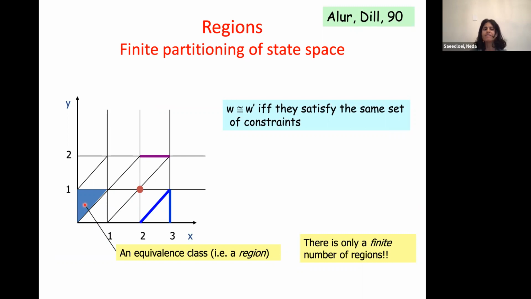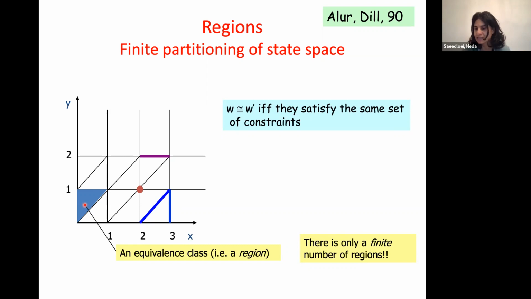And moreover, the value of clock x is always less than y, which means that the ordering of the fractional parts between x and y is such that clock x always has a smaller value than clock y. Observe that by this kind of abstraction, we are going to have only a finite number of regions.